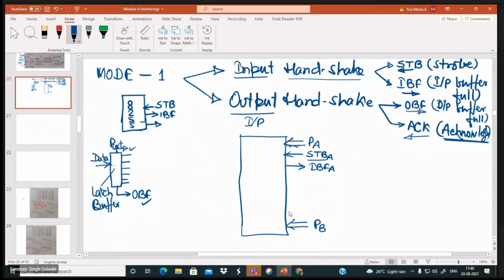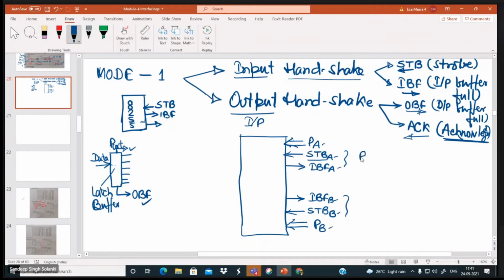And for port B, you will find the same thing, that is STB B and IBF B. The writing of A or B tells you whether it is related to port A or port B. Now the question is, which are these pins?